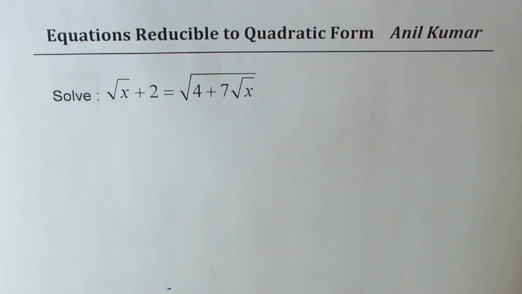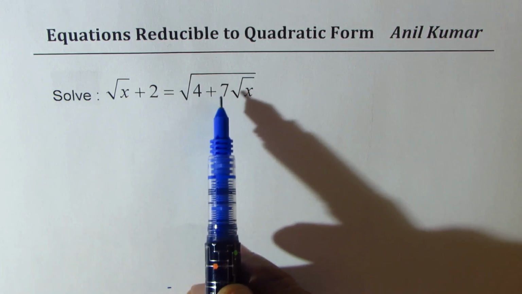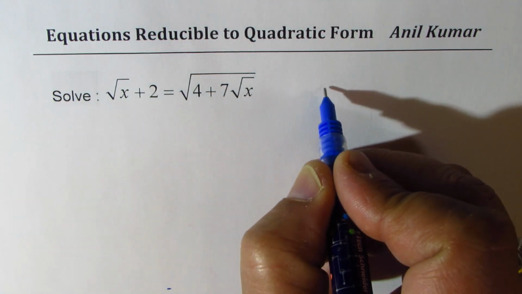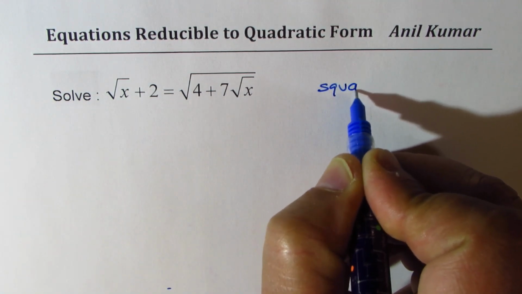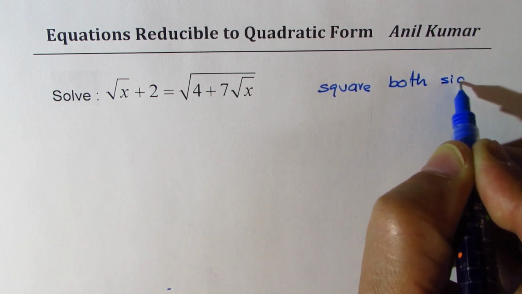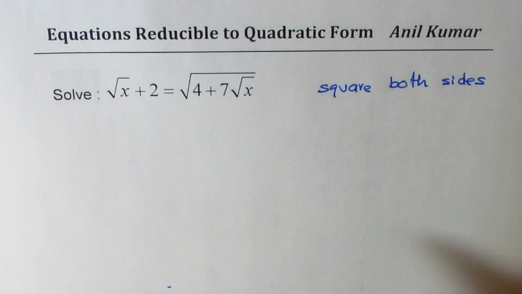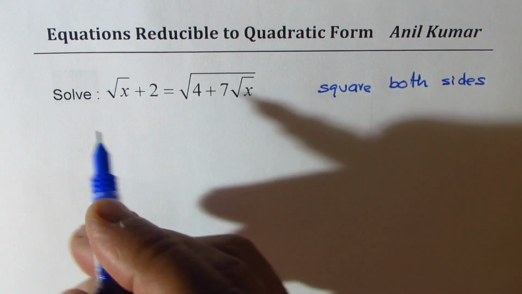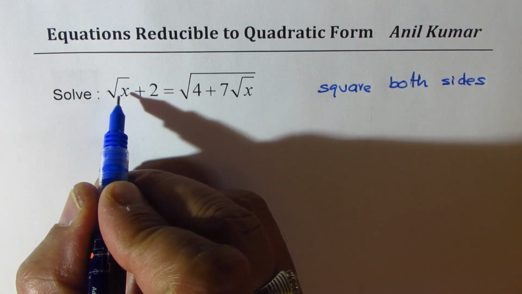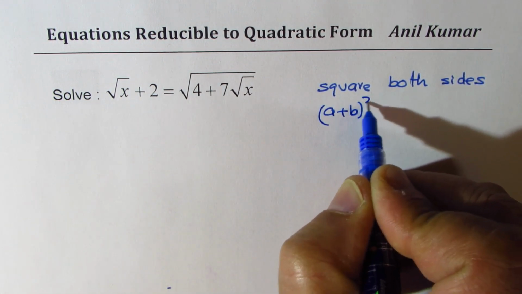Now we'll take equations having square roots. Square root of x plus 2 equals the square root of 4 plus 7 square root x. So let us square both sides. What do we get? When you square both sides, the (a plus b) whole squared formula will be applied, correct?